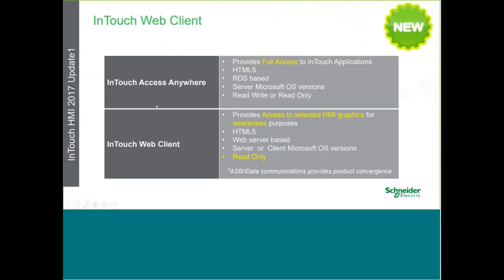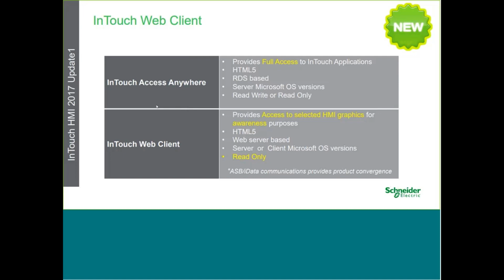Okay. Lastly, we're going to talk about the InTouch Web Client, which is the new capability for accessing InTouch from a web page. Unlike InTouch Access Anywhere, which is full access to InTouch applications, InTouch Web Client is a read-only environment, and it allows you to access Orchestra graphics that may be a part of your InTouch application.